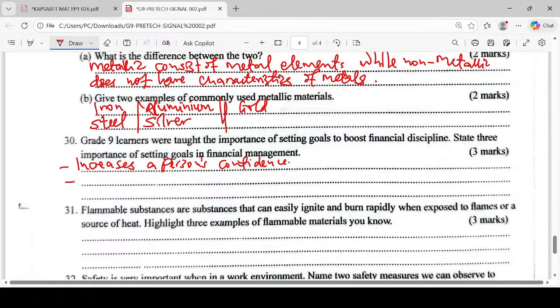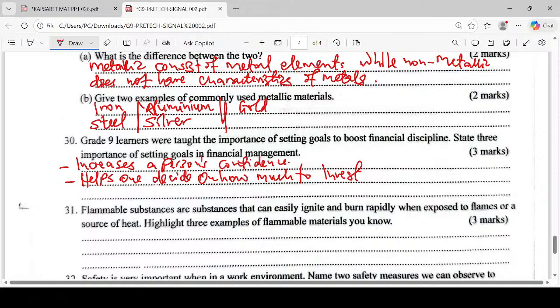Next, you can say, helps one decide on how much to invest.